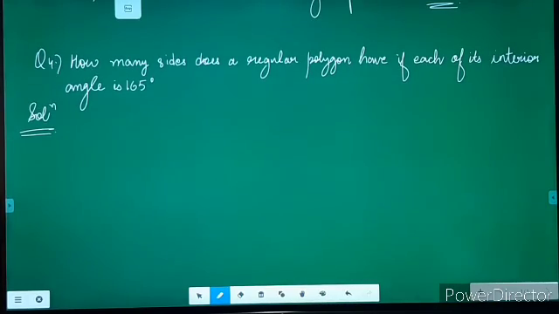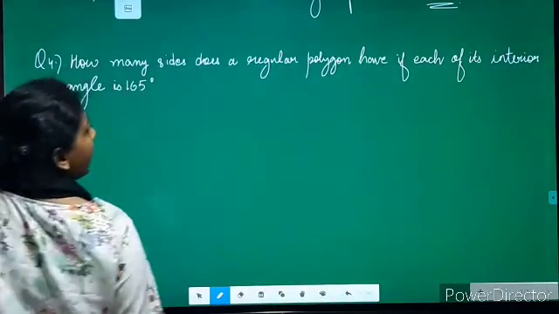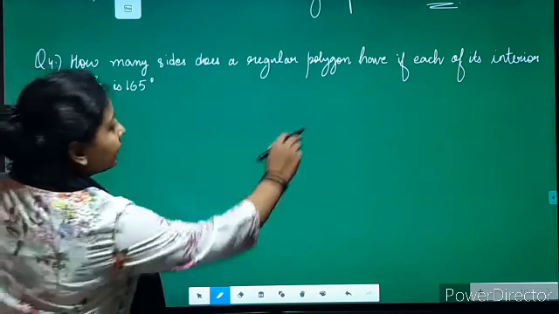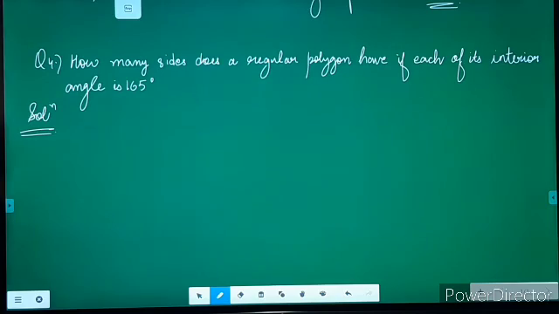Question number 4. How many sides does a regular polygon have if each of its interior angle is 165 degrees? We have been given the measure of the interior angles.